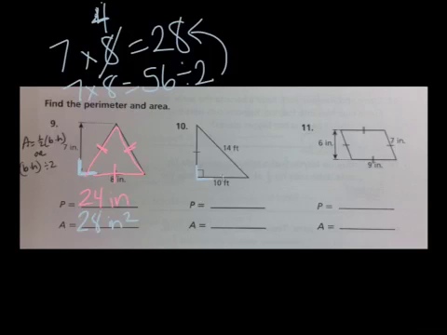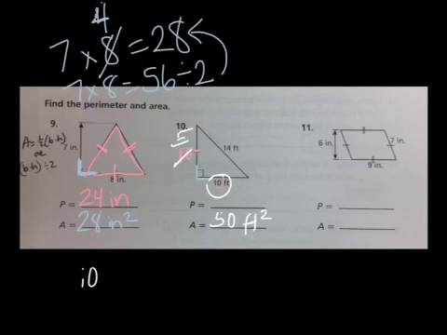Here again, we have our little lines here that say they're congruent. So if this side is 10, this side is 10. So my area, I'm going to half one side and then multiply by 10. So I have 5 times 10 is 50 feet squared.